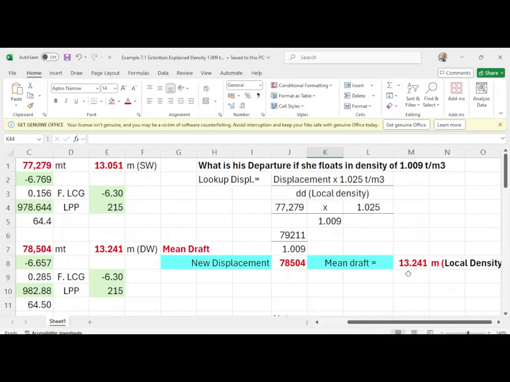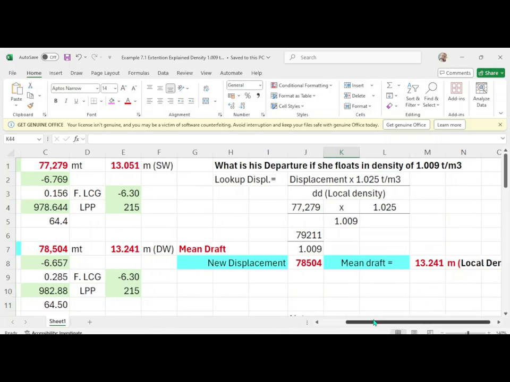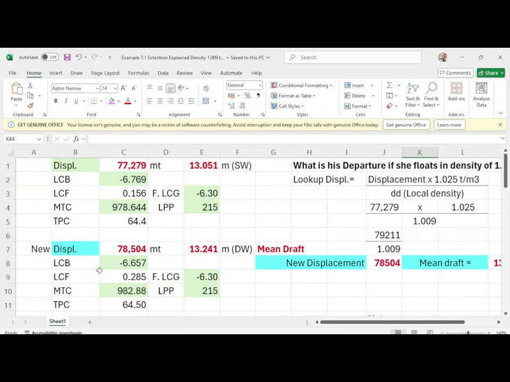That will be the local density of 1.009. So from here, this will be your new displacement, 78,504, and the draft will be 13.241. Okay, that will be dock water. This is the mean draft.